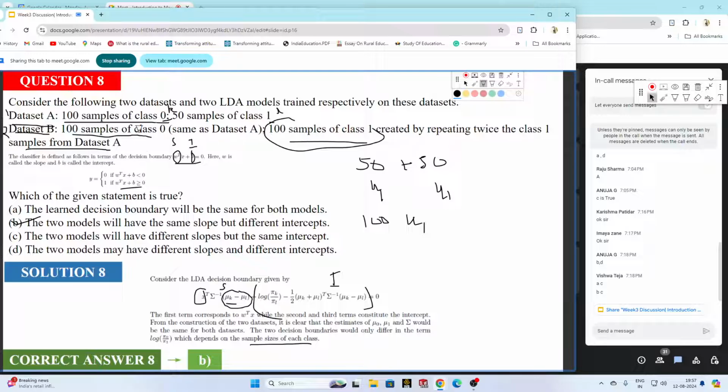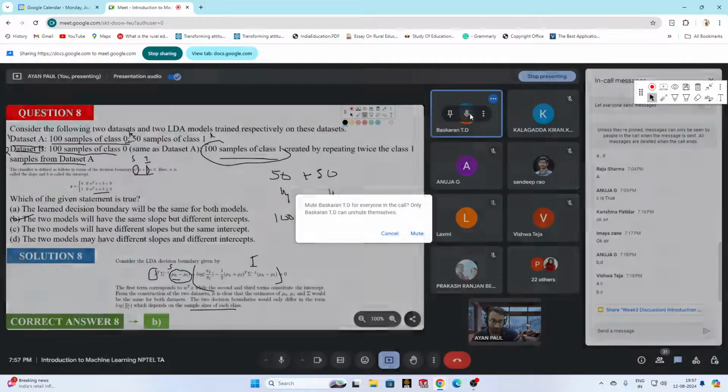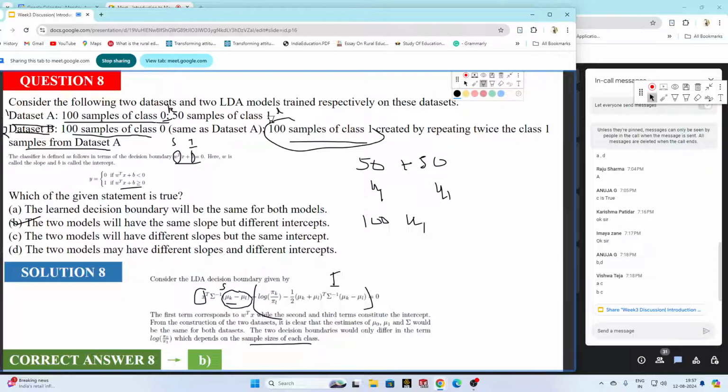That means here we have 150 samples, here we have 200 samples. Since the intercept term contains pi k and pi l, the intercept term will differ for both models, but the slope terms will remain equal. So option B is the correct answer.